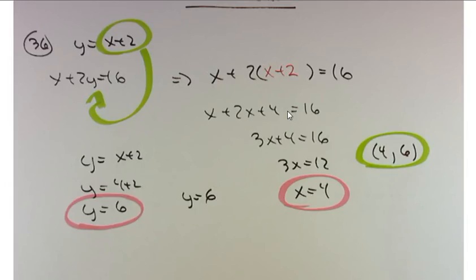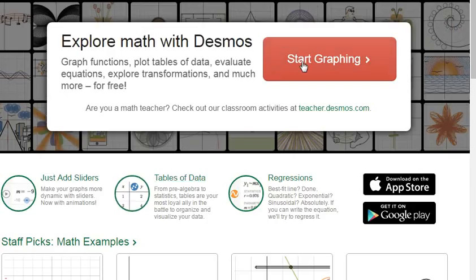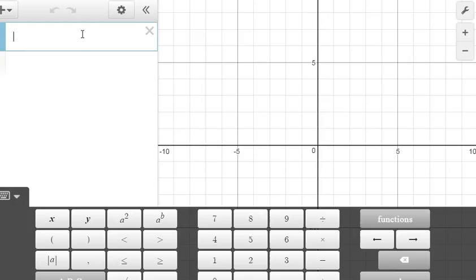How are we doing on that first one by substitution? Let me ask Mackenzie. Let me graph these things. Do you think I'm going to see two lines that cross each other? And if so, where? Yeah, these two lines should cross each other at 4, 6.